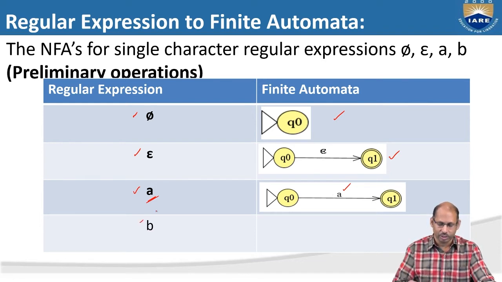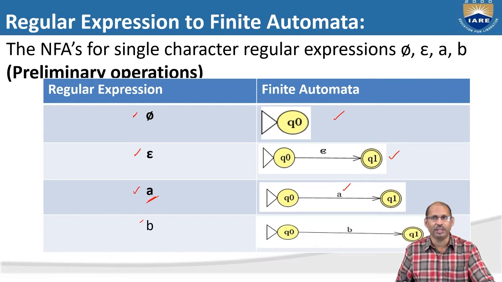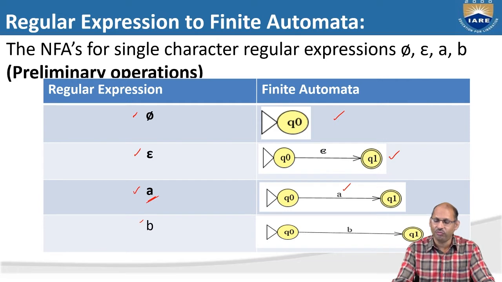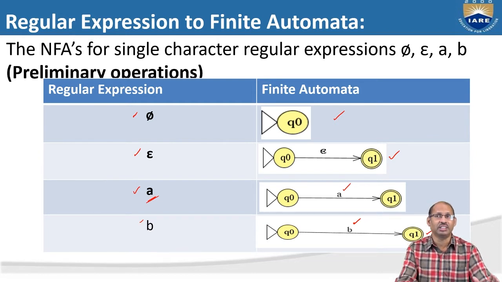Similarly, for B, it is a set containing the symbol B, and its finite automaton is Q0 on B goes to Q1. So here we are representing the preliminary operations of regular expressions with finite automata.